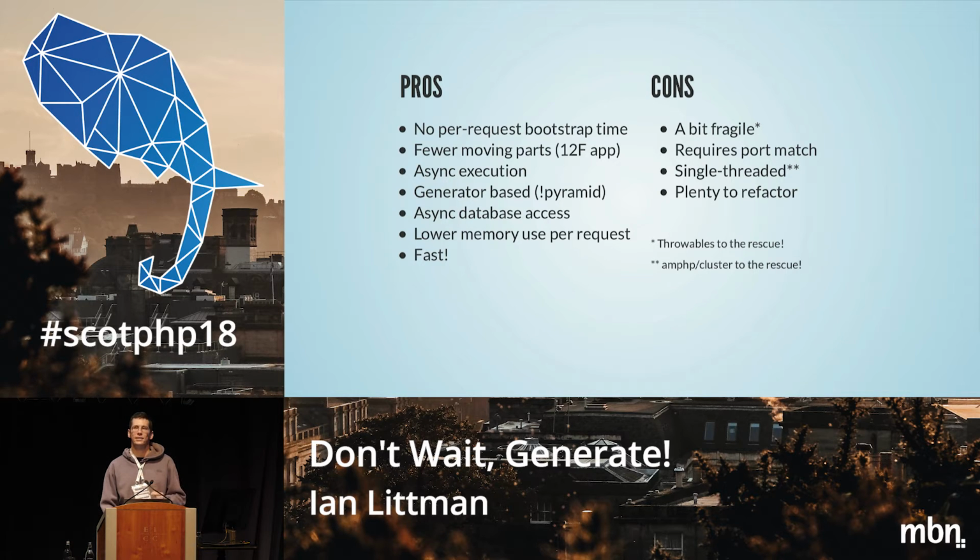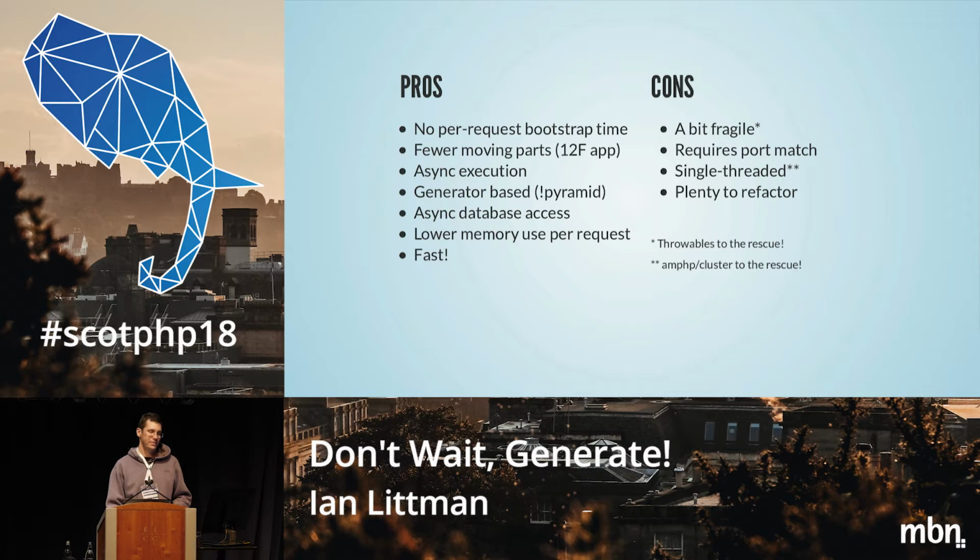And if it does, then you need to again load balance at the HTTP layer across multiple of your processes, or have something at a lower level, for example the AMP cluster library that will do that for you. The cluster library is kind of interesting, but it's, shall we say, rather experimental.